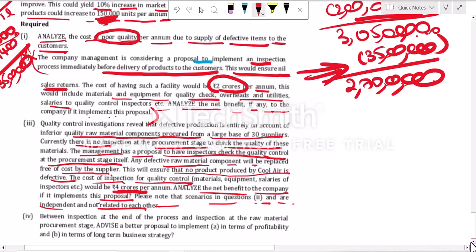Between the inspection at the end of process and inspection at the raw material procurement stage, advise a better proposal to implement in terms of profitability and in terms of long term perspective. Okay.